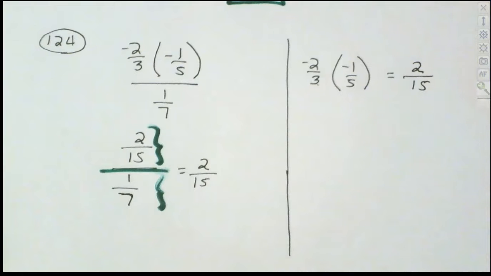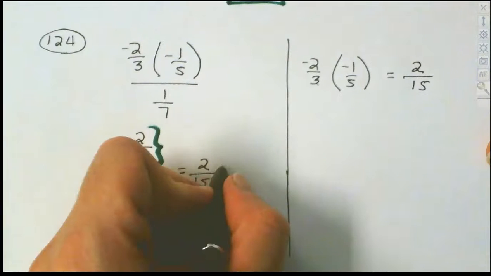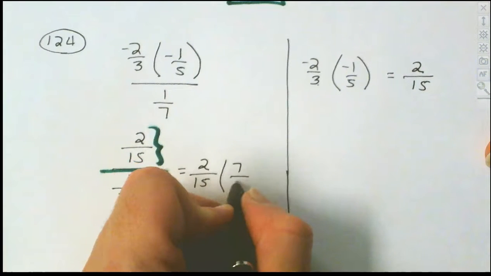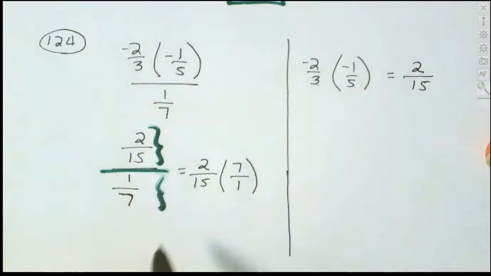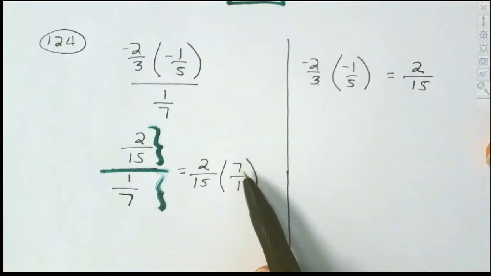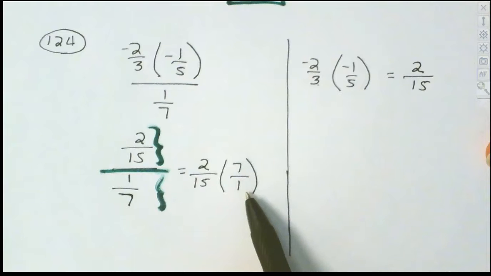Because when you divide a fraction by another fraction, what you do is you invert and multiply. So when I flip that fraction over down below, invert it, that's going to be 1 over 7, or sorry, 7 over 1. Because it was 1/7, so when I flip it over, then I get 7 over 1.